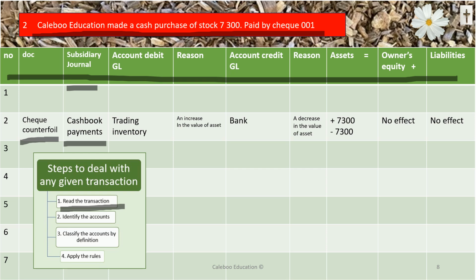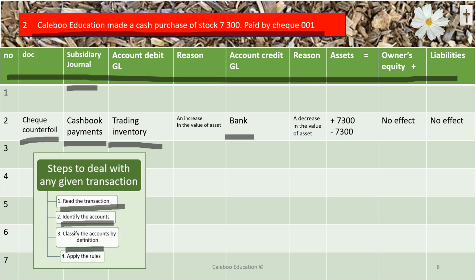Now, the account that is debited, we need to identify the accounts involved. Trading inventory or stock or merchandise, whatever you want to call it, was purchased, and a cheque was used to make the payment, so our bank balance will decrease when that cheque is deposited by the person who has received the cheque.